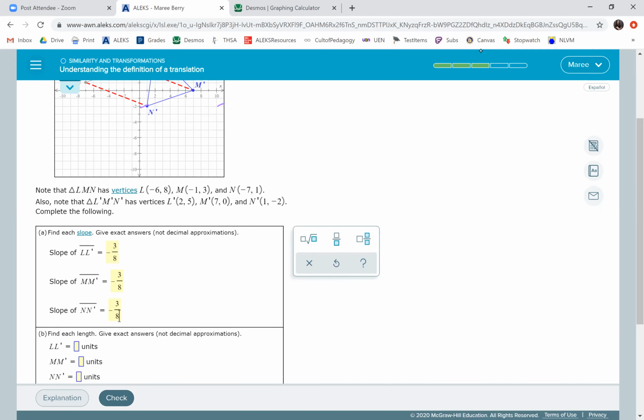Now we're finding the distance between L and L prime. We look at the x's between -6 and 2, the distance is 8 units. Between 8 and 5, the distance is 3 units. So we do 64 plus 9 and get the square root of 73, and we'll put that in for all 3 of those answers.